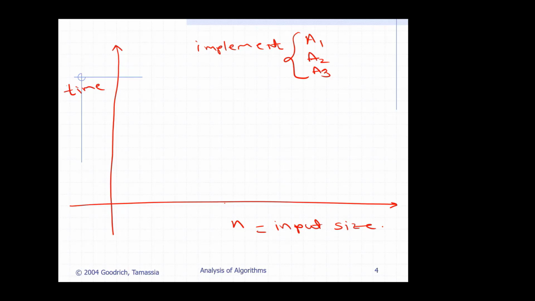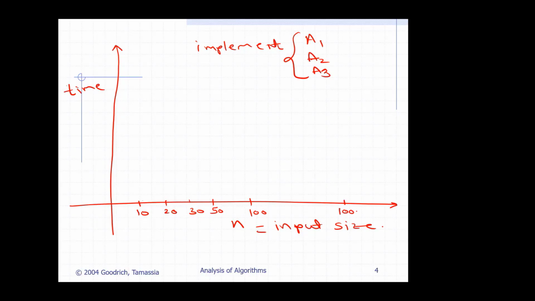So let me take down some scale, let's say 10, 20, and so on. It is not to scale, but I just wanted to show.